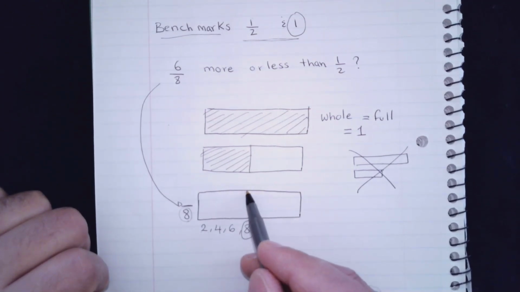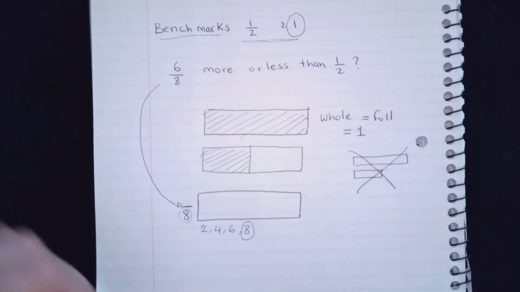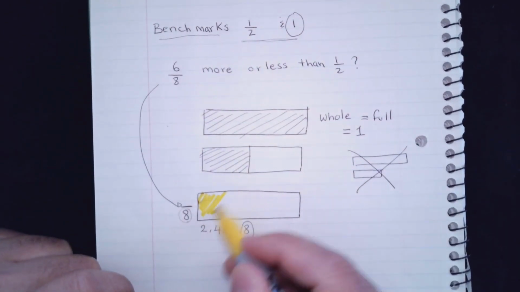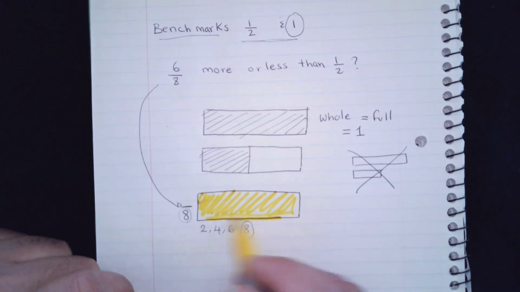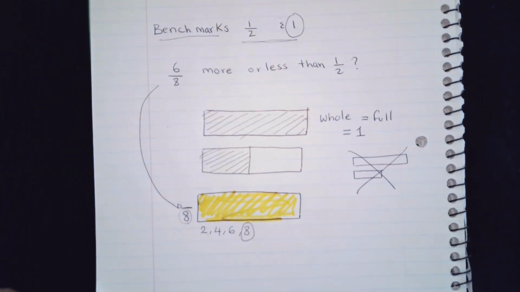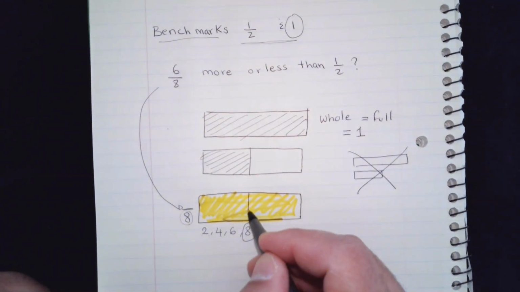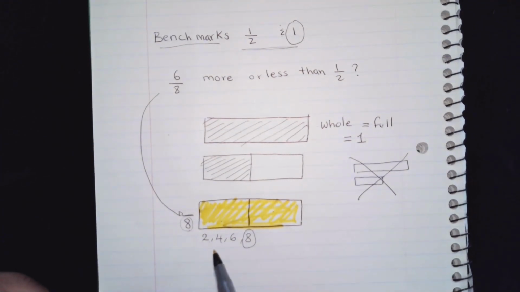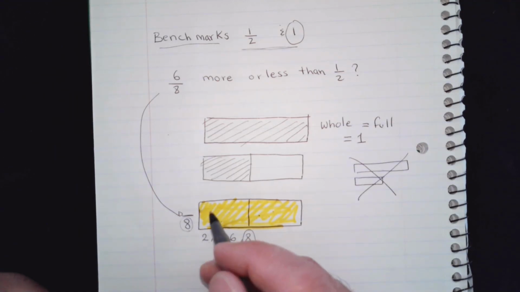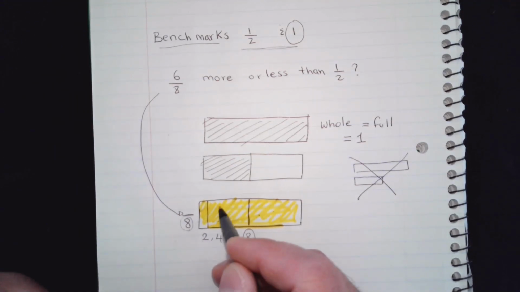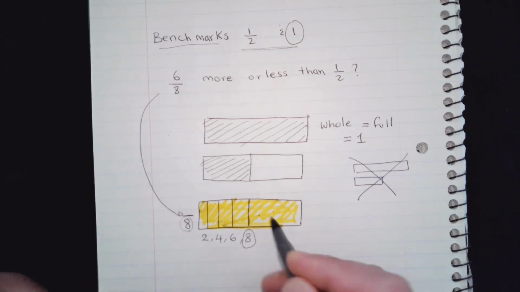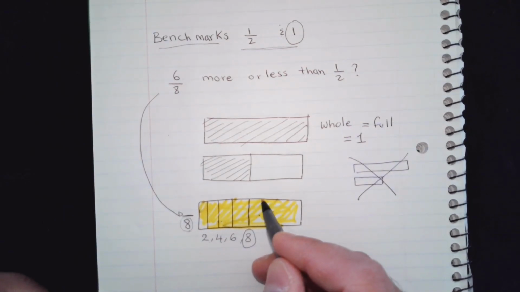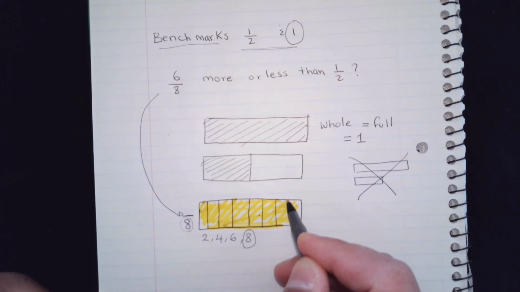So I'm going to divide this second whole, this one that I'm going to color in yellow, into half, because half is 2. And then each half needs 4. If I partition each half into fourths, I'm going to have a cleaner partition.